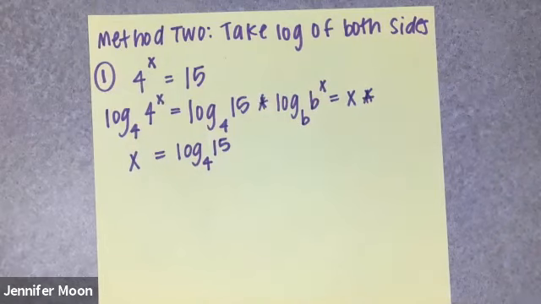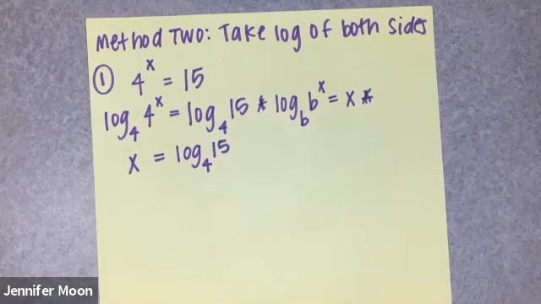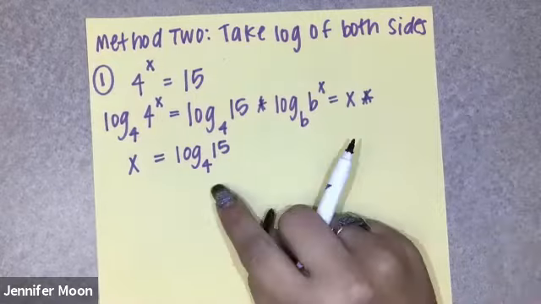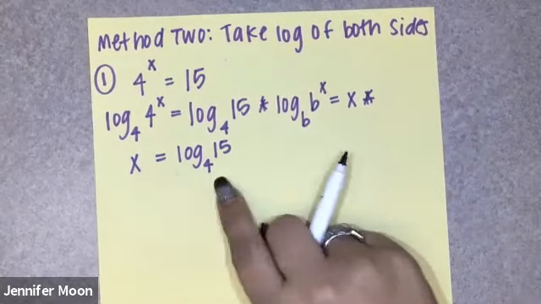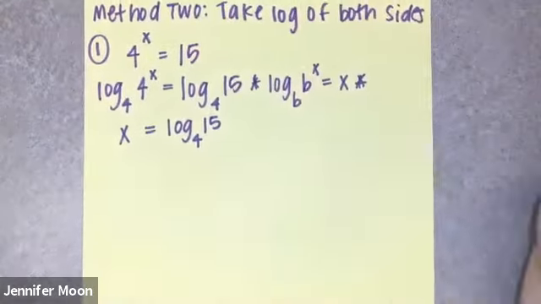So once it's in terms of log, this would be the change of base formula, right? Because this is saying 4 to the what power equals 15. That's going to end up being a decimal, and it's not something that we're going to easily be able to solve.